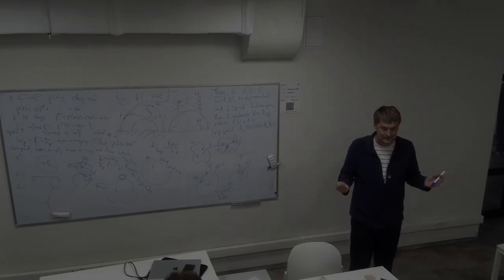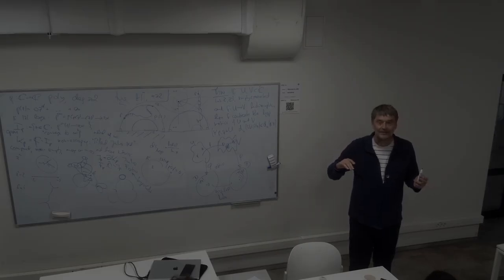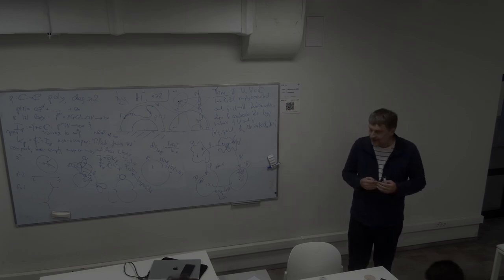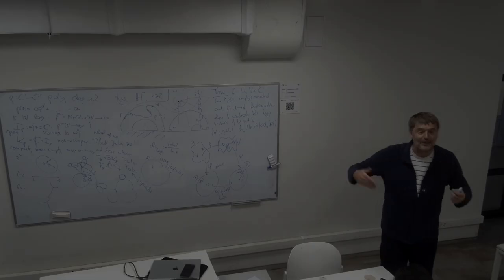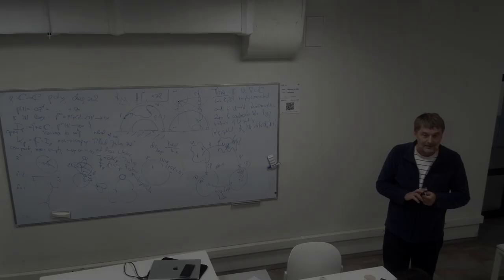If there's still a quick question, I'm happy to answer it, especially from the young people. Well, yeah, you have to get used to it. I remember how many years it took me to get used to this.